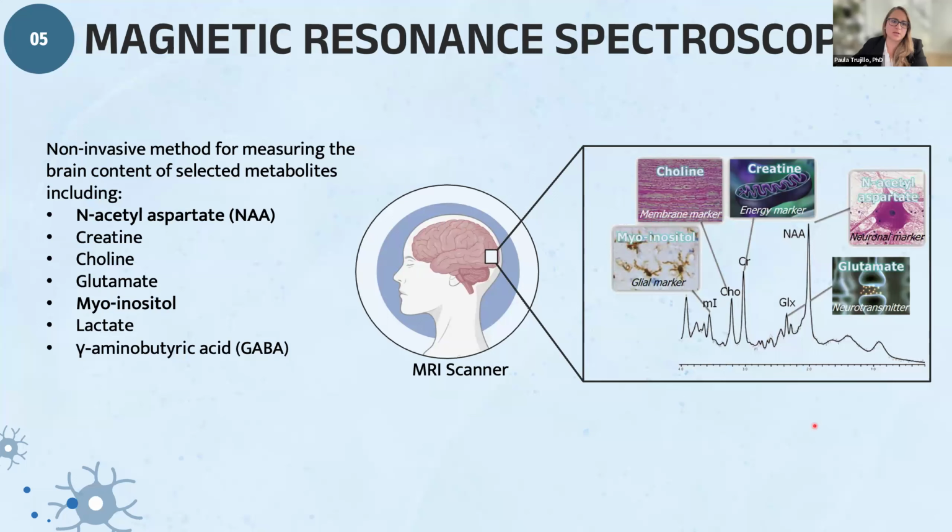For example, the metabolite called myoinositol can be informative for gliosis, whereas another known as N-acetyl aspartate, or NAA, can inform us about neuronal integrity. During the MRS scan, signals from metabolites are acquired and identified based on their chemical properties. The different metabolites resonate at different frequencies, and we use this information to estimate the metabolite concentration in the brain.